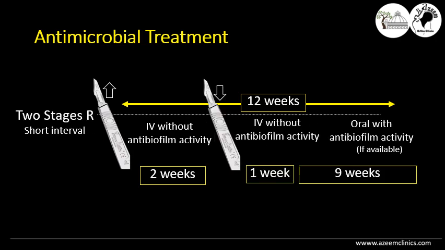In a two-stage revision with a short interval, less than a month between the debridement and the reimplantation, with the first stage you start with IV antibiotics without anti-biofilm activity. After the reimplantation, you continue for 1 week only on IV antibiotics, general antibiotics not capable of penetrating the biofilm.